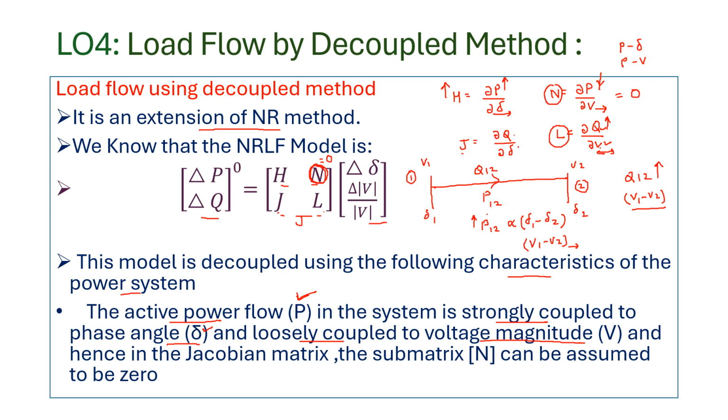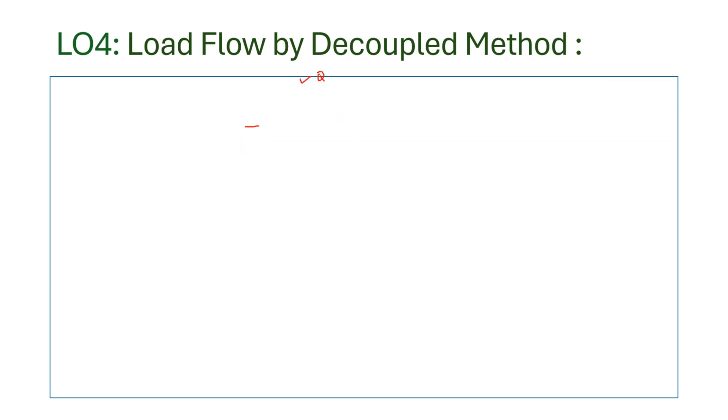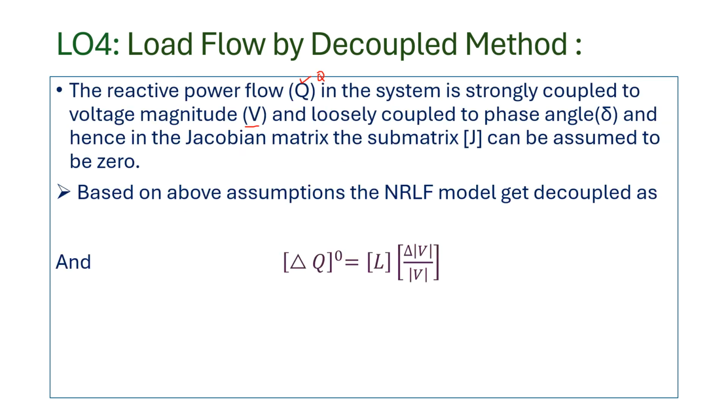Whereas the reactive power and delta are loosely coupled, and hence we can assume the elements of the J submatrices to be 0. So with these characteristics of the power system, this NRLF model can be modified to this. We can decouple the one matrix into two matrices.